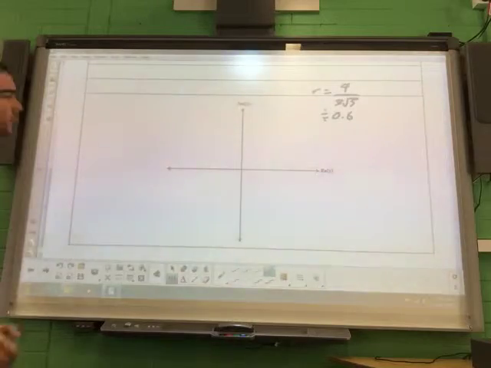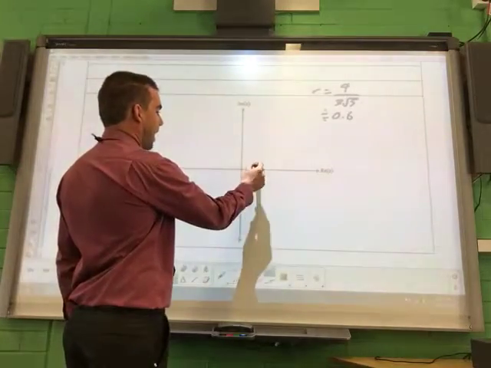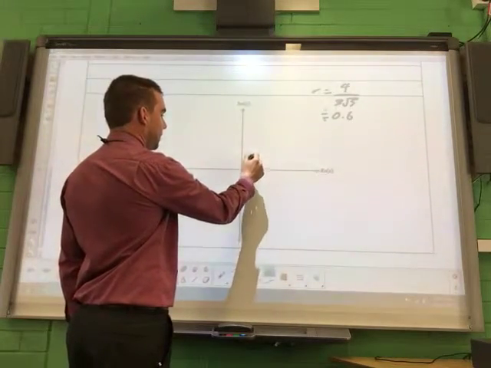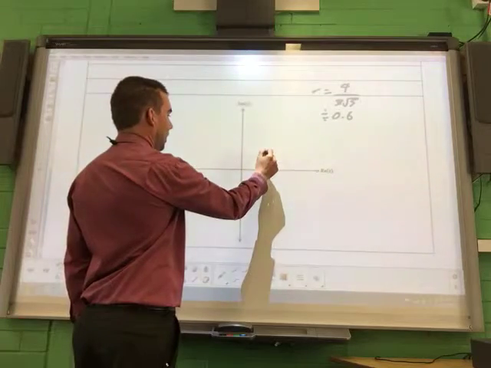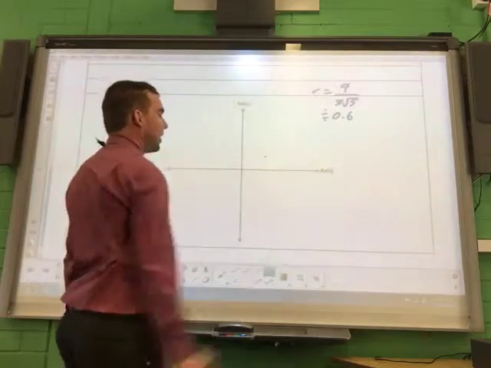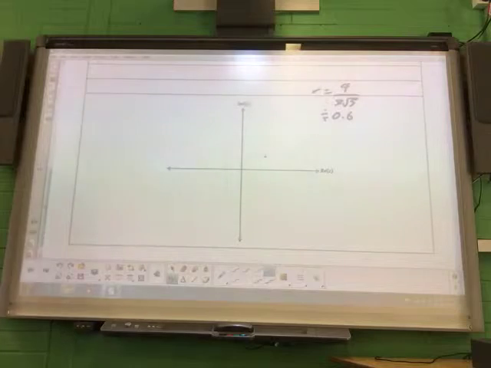Okay, so the centre was 2 over 15, 1 over 15, and the radius is going to be larger than the modulus of that point, its distance from the origin.